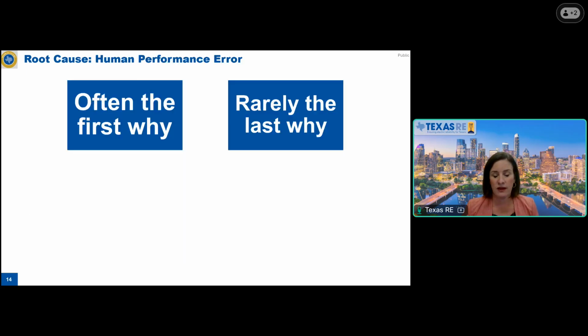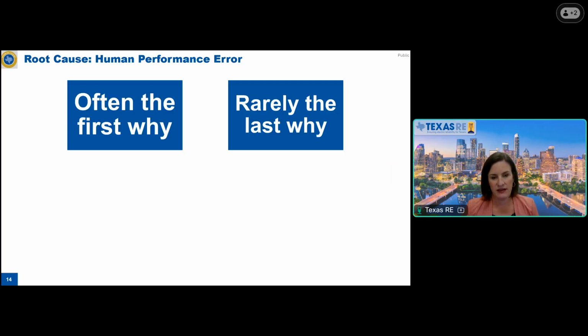On that note, I would say there is one root cause that we don't favor and that we rarely will find to be the actual last root cause why, and that is human performance. It is an option that you can choose. However, it's often the first why. Someone made a mistake, but it's rarely the last why.